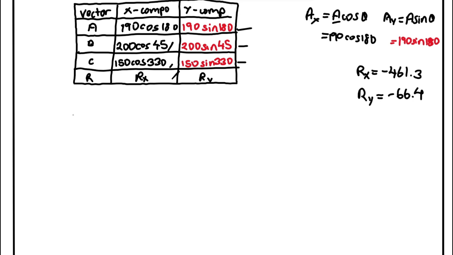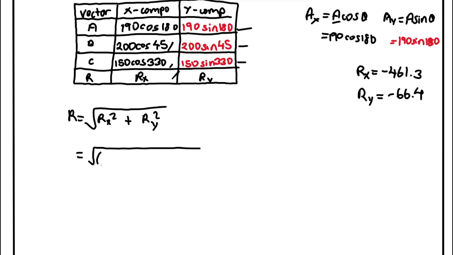Finally, the actual resultant, R is equal to the square root of Rx squared plus Ry squared. This gives us the square root of negative 461.3 squared plus negative 66.4 squared.